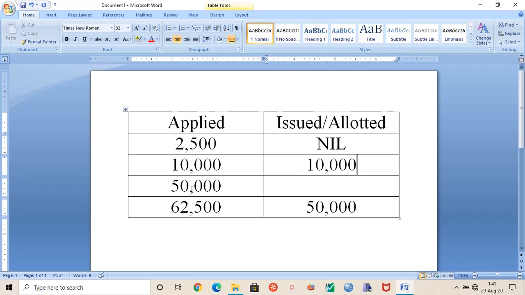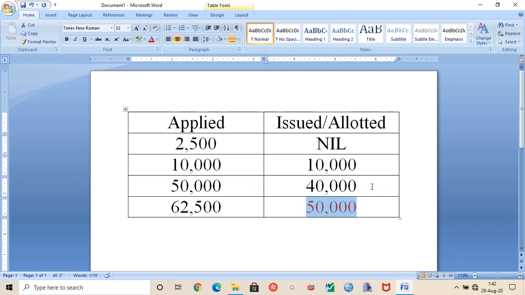Now here, 50,000 shares were applied, but only 40,000 shares can be allotted, because this is the actual number that was issued to the public, 50,000. So whatever the number of shares actually issued, only that can be allotted. It should be equal.